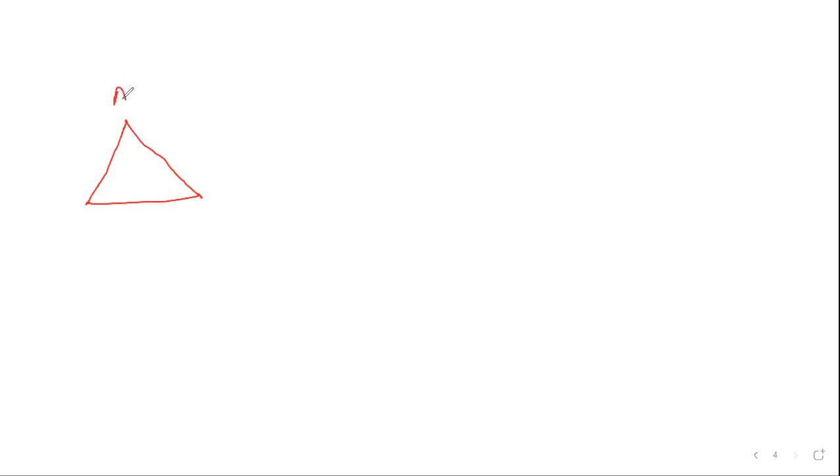Okay, if you have a triangle ABC and we want to calculate the area, the basic idea is to just take the triangle ABC and put it here again. We just reflect along the AC line. If you reflect ABC along AC, this is called B dash.